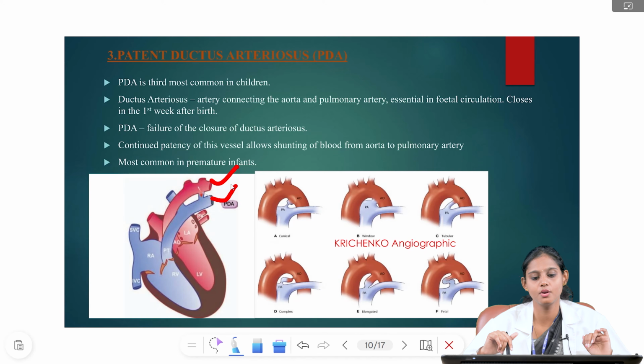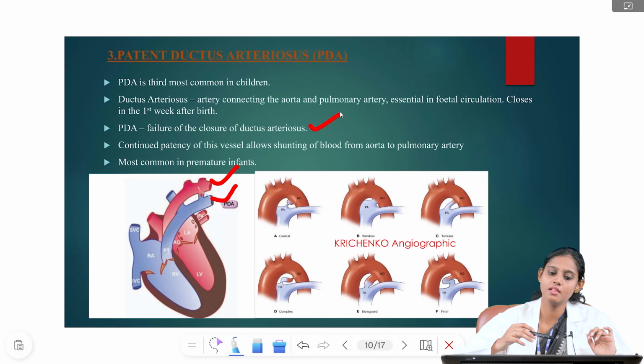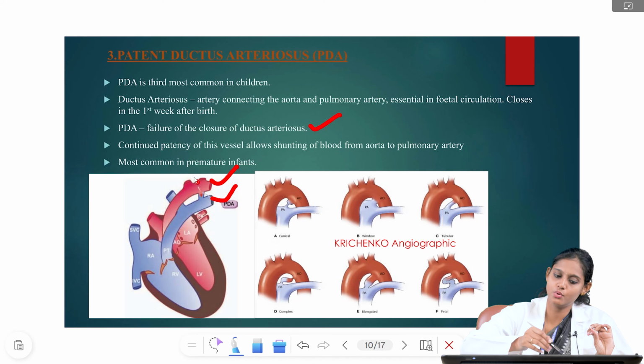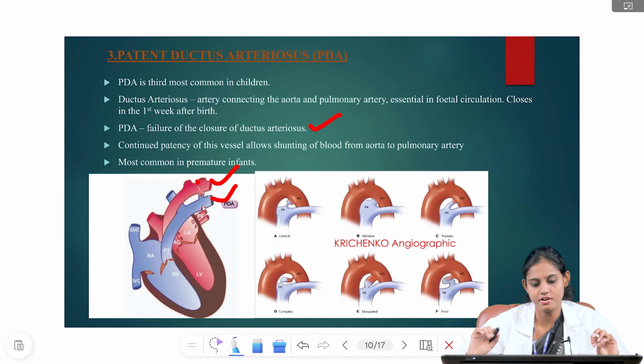Failure of this closure is called patent ductus arteriosus. Continued patency of this vessel allows shunting of blood from aorta to pulmonary artery. It is most common in premature infants.